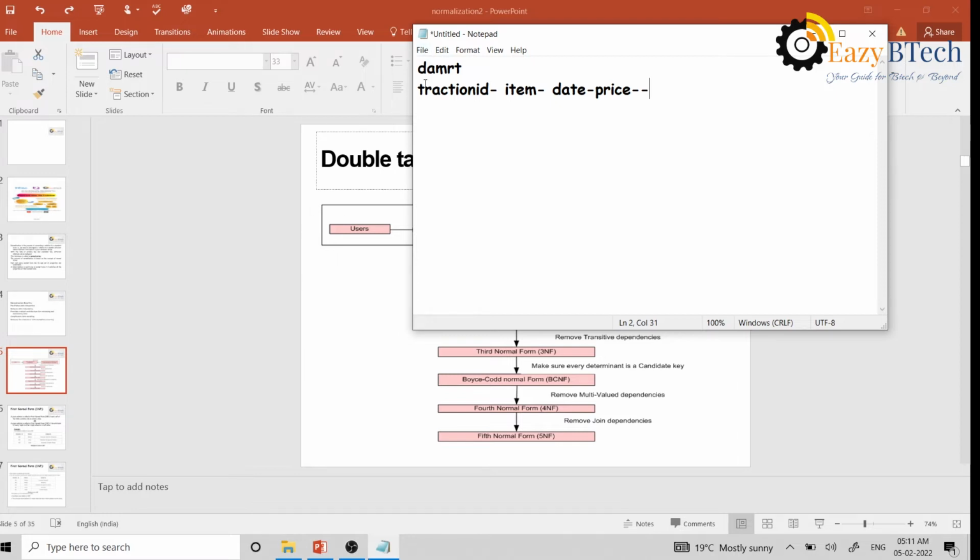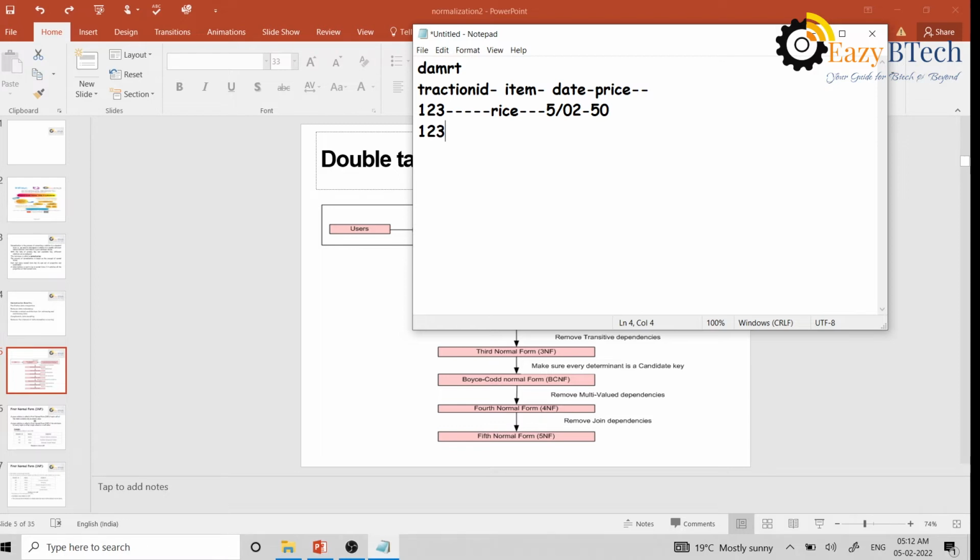Sometimes one value is dependent upon another value, and some values are repeated. Suppose my transaction ID is 123. First I took some grocery items, first rice, some date, today's date 5th 02, price around 50 rupees.